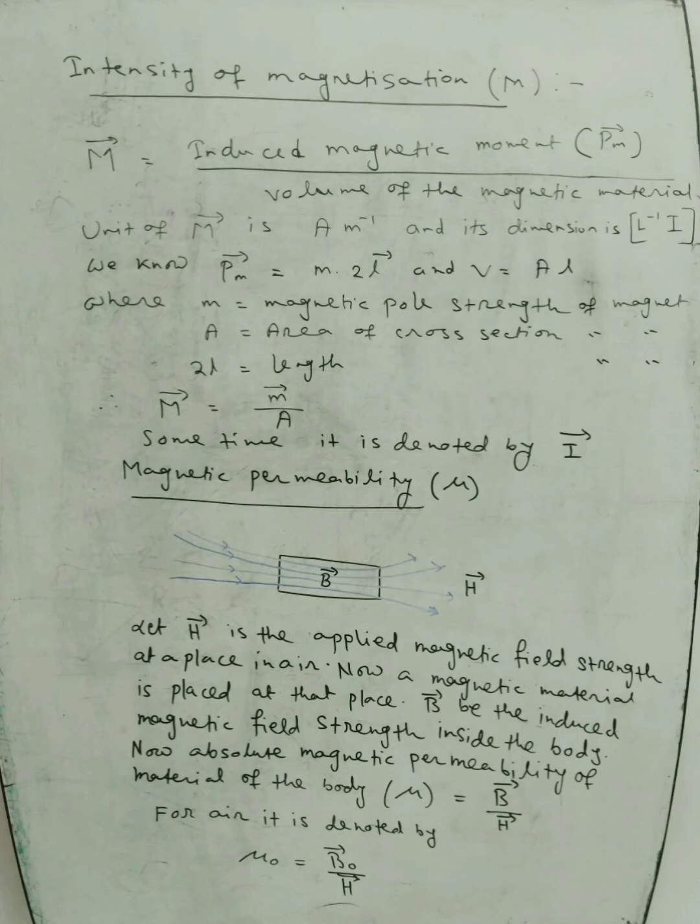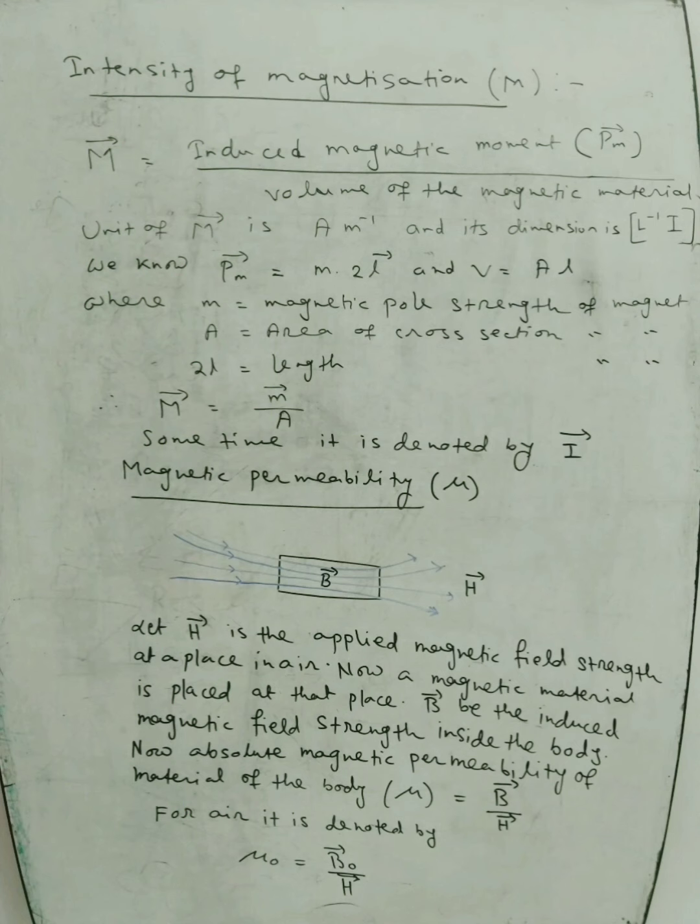We also know that magnetic dipole moment is equal to magnetic pole strength into effective length. If we assume that the effective length and geometric length of a bar magnet are the same, then we can also write that V is equal to A into L, where A is the area of cross section of that bar magnet and L is the effective length of that bar magnet.